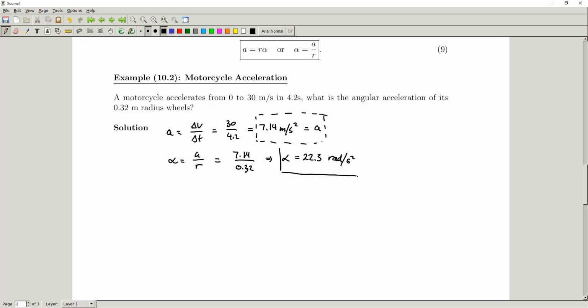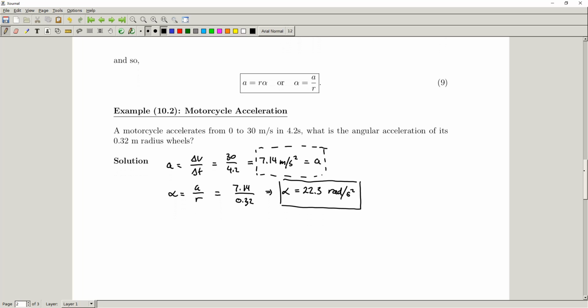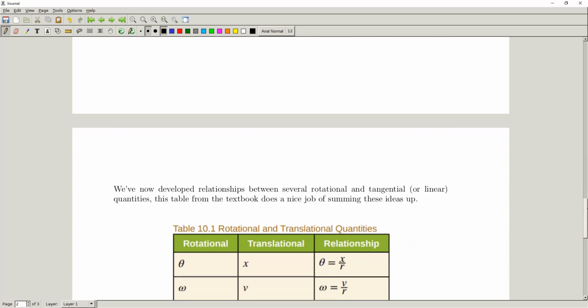That would be the angular acceleration of the wheels, given this acceleration from 0 to 30 meters per second in 4.2 seconds. That shows this new idea of angular acceleration and how it relates to linear acceleration.